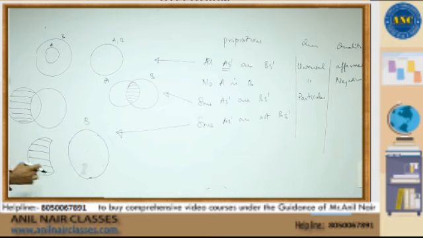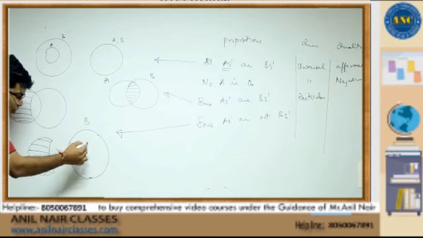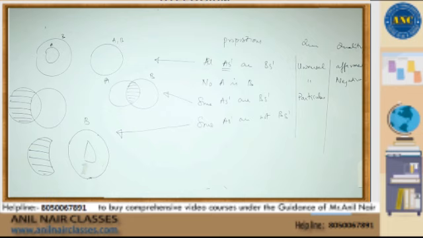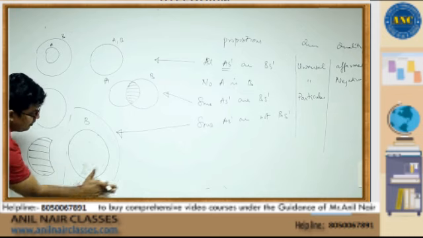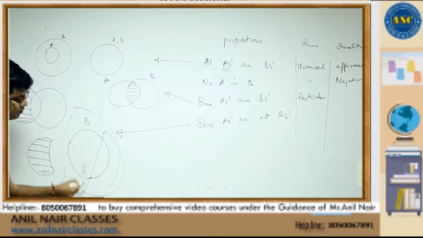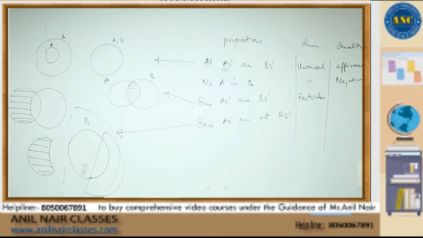Now, where is the remaining A? I don't know. The remaining A could be inside, it could be here, it could be like that also. I don't know. So the thing that I don't know, let's not draw it.